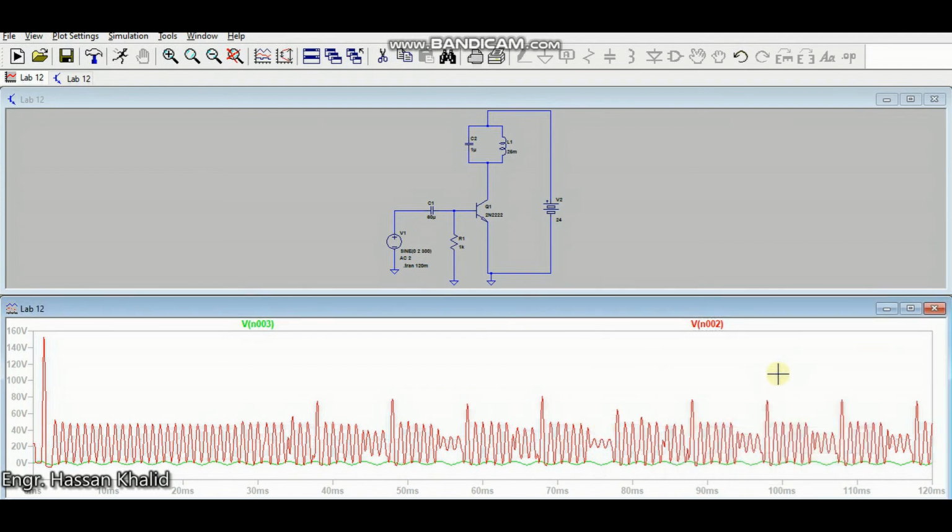So that means the oscillations are actually dying out with respect to time, and after these oscillations completely die out, you will get the average amount of the voltage.